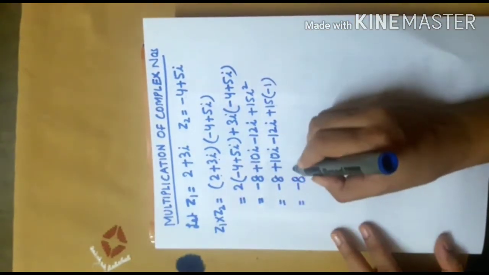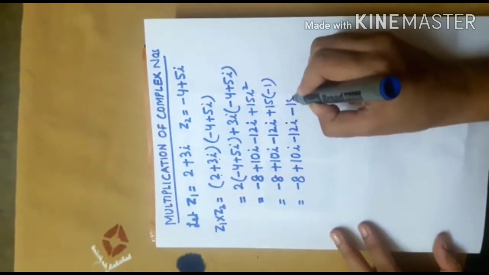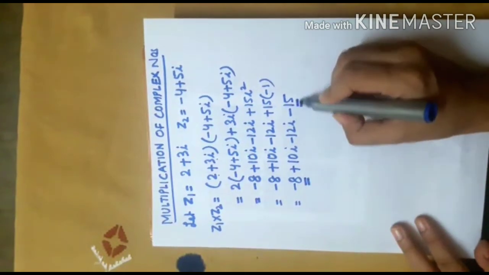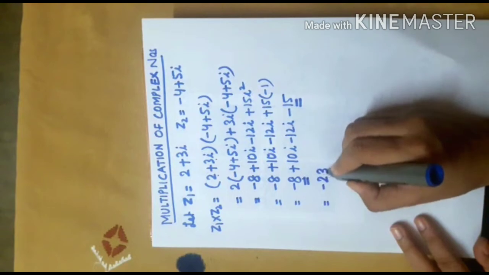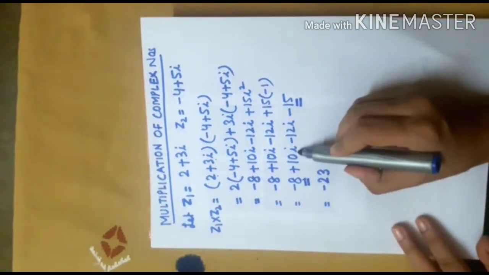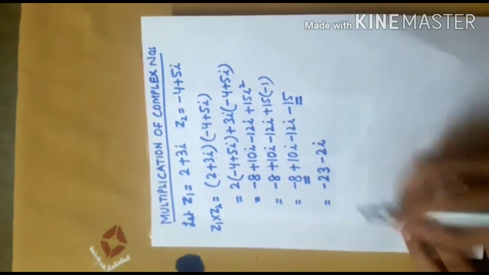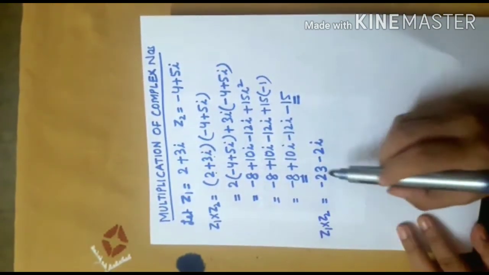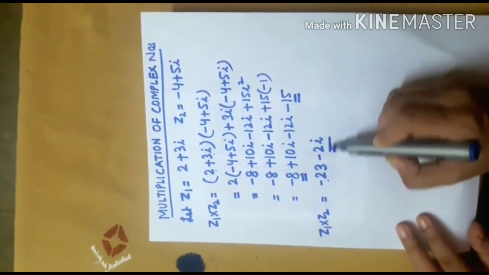So it's minus 8 plus 10 iota minus 12 iota minus 15. Now combine the real parts. So minus 8 minus 15 will give you minus 23. 10 iota minus 12 iota will give you minus 2 iota. So Z1 into Z2 is the complex number minus 23 minus 2 iota.